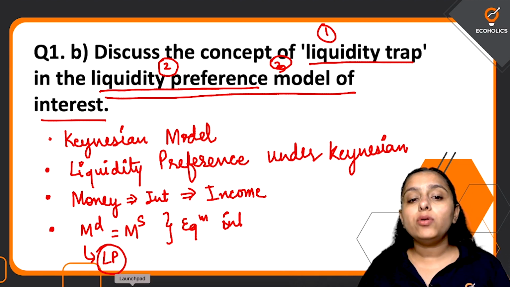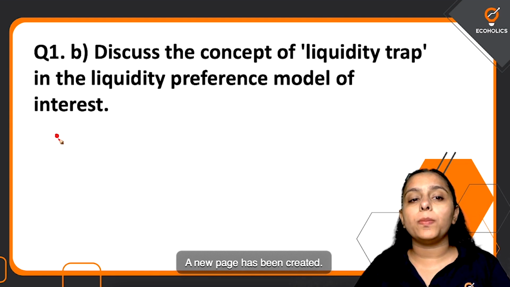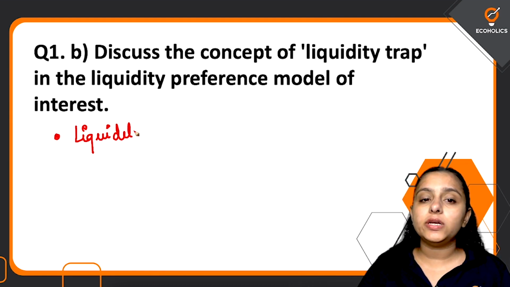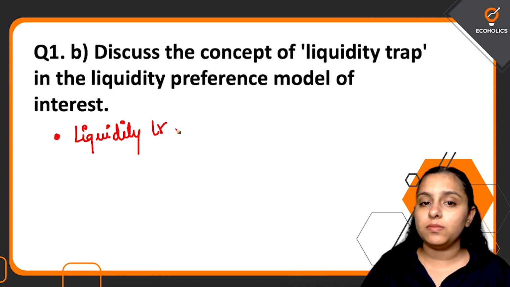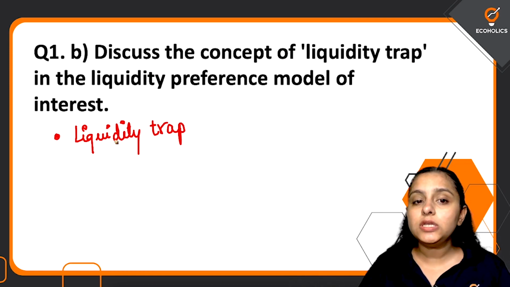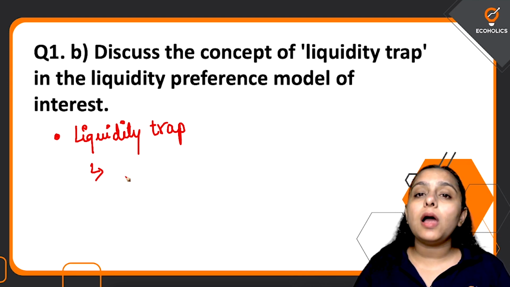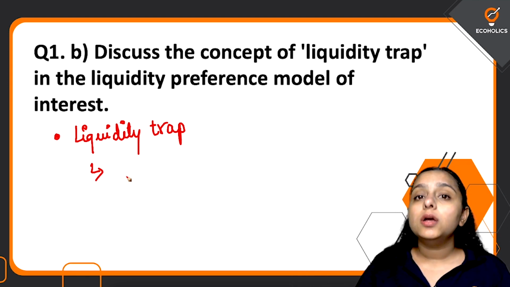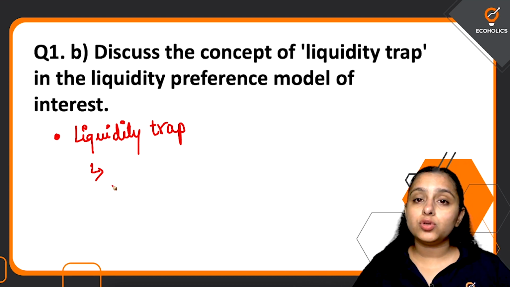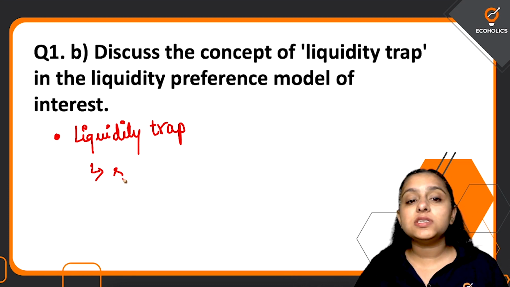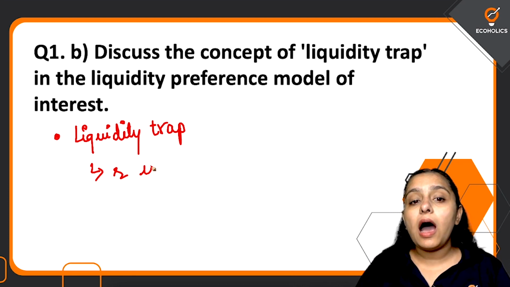That's how you have to start your answer, by talking about what we actually mean by liquidity preference. In the next step, you will come to the topic of liquidity trap. What is a liquidity trap? It is a very extreme situation according to Keynesians. In a liquidity trap, the demand of people for money is really high. Why does this happen? This happens if and only if R is too low.